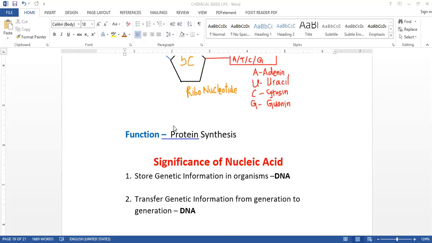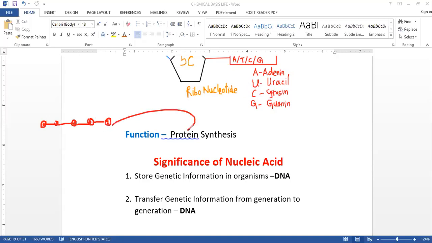But why am I talking about this? RNA is very important and responsible for protein synthesis. For example, you take amino acids here, a collection of amino acids, and these amino acids combine and form protein.